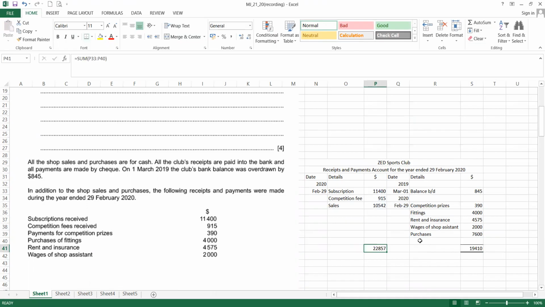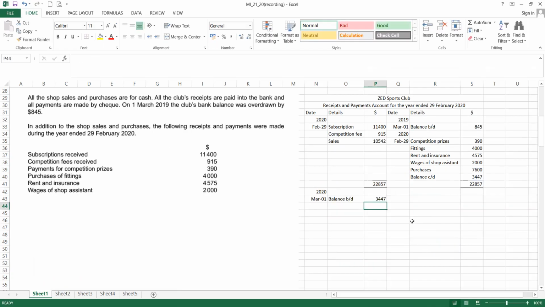In this question, we have debit more than credit. So we should have the balance carried down on the credit side, and balance brought down on the debit side. So take this minus, 19410. This is the amount that we're going to bring to here. 2020 March 1st balance brought down.